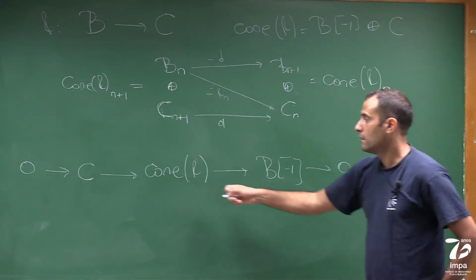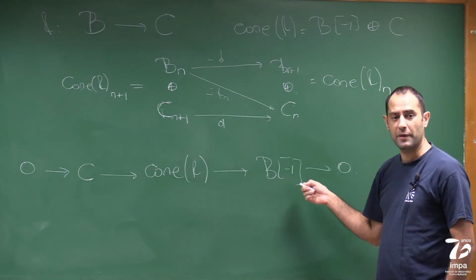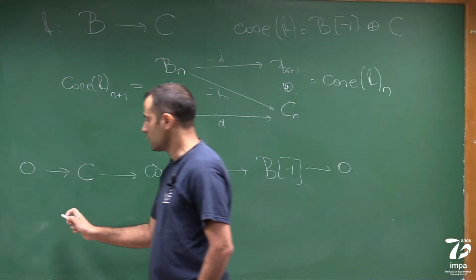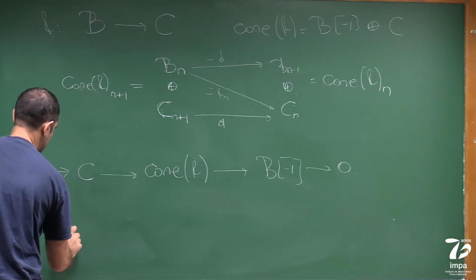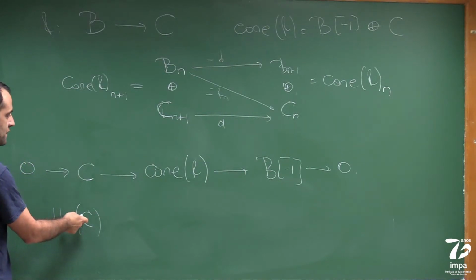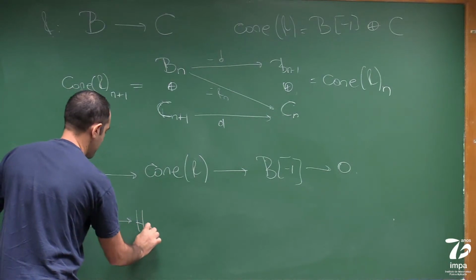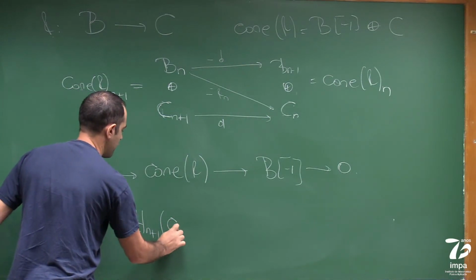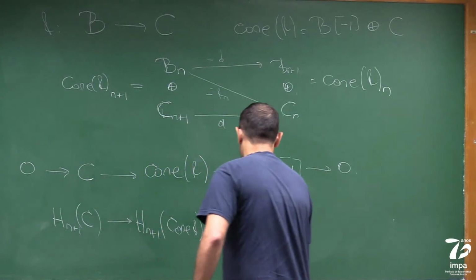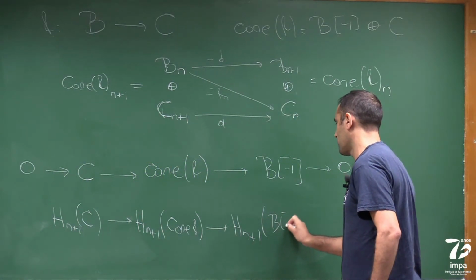And moreover, for any short exact sequence of complexes, we constructed a long exact sequence in homology. So we constructed this. From the n plus 1 homology of C to the n plus 1 homology of the cone of F to the n plus 1 homology of B shifted by -1.